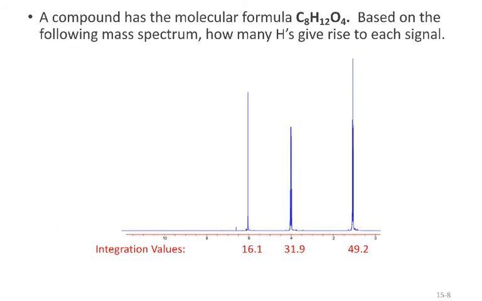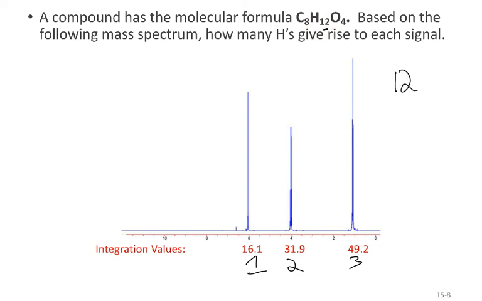All right, one last example. So they've given us the formula again and the integration values. I'll divide everything by 16.1. When I do, that's going to give me 1, 2, and 3. I don't have any fractions, so I'm good on that front. But now when I add up my relative numbers, I get 6. In fact, I have 12 protons, so the total number of protons I know I have is 12.